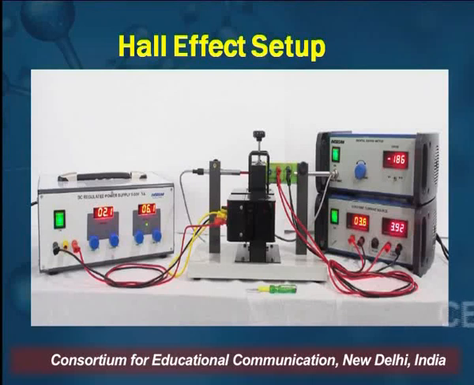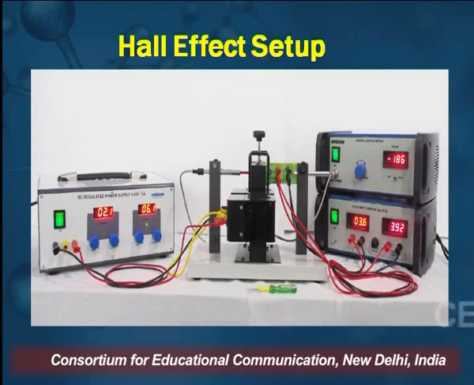We can put a voltmeter with this Ix, that is Vx, the voltage generated through this Ix. And Vh we can measure, which is generated through this semiconductor placed in the magnetic field when the current is passed through it.